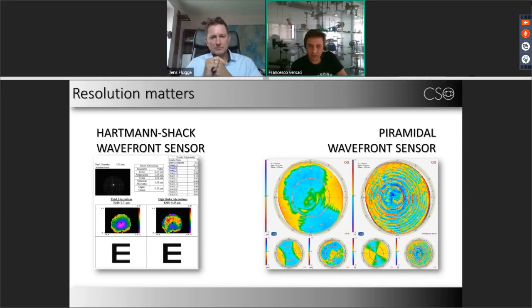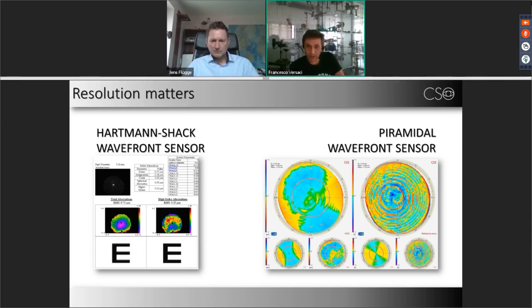You can see on the left-hand side of the display the wavefront error. The upper part is the total map, so the map of all the aberrations, and this can be divided into low order aberrations and high order aberrations.